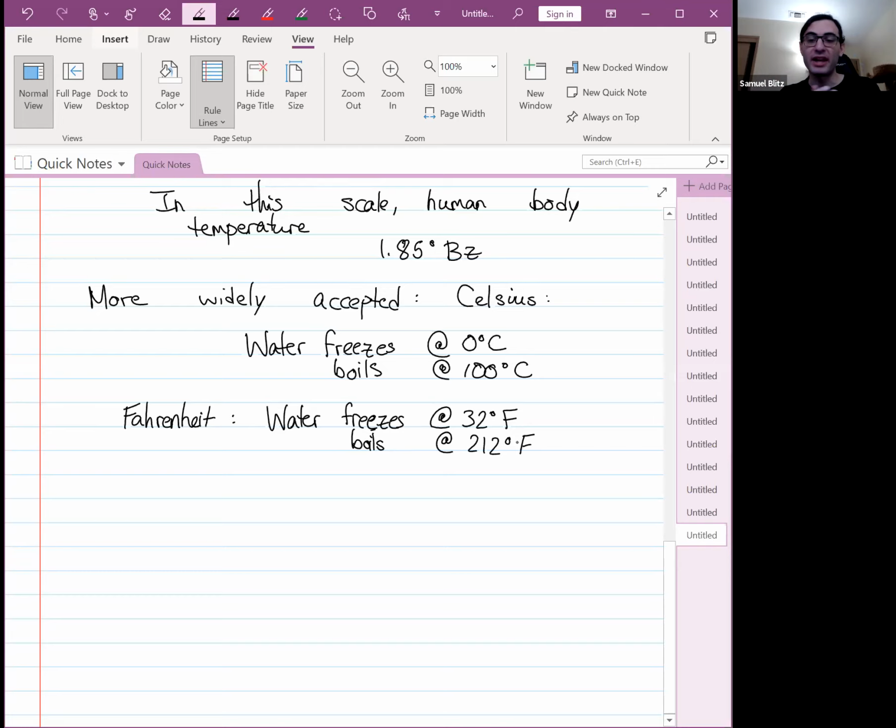And the fact that it's a wider range, it spans 180 degrees from water freezing to boiling rather than 100 degrees, means that you can be more granular. Because our sense of temperature is very fine, humans can very easily tell the difference of 1 degree Fahrenheit, right? We can tell if something is hotter or colder than our skin temperature by 1 degree. It's useful to have a more fine-tuned temperature. I don't know if you guys ever have control of your own thermostats, but 73 degrees can feel a lot different from 74 degrees.